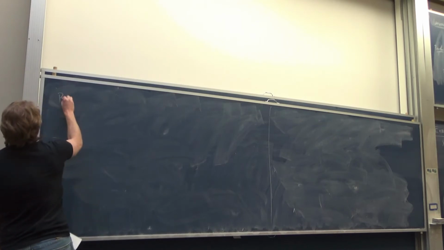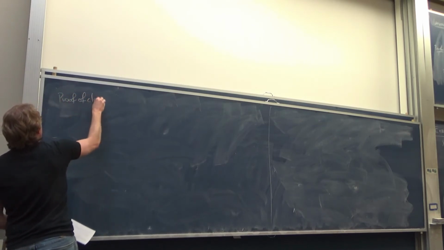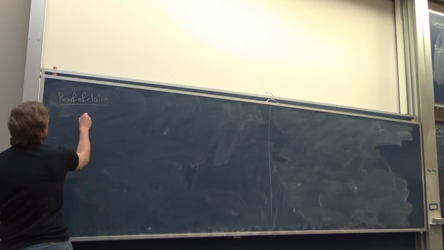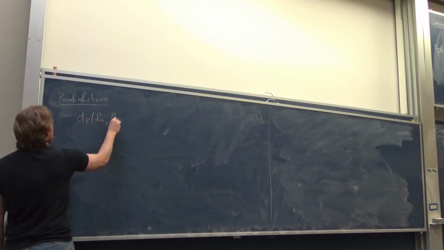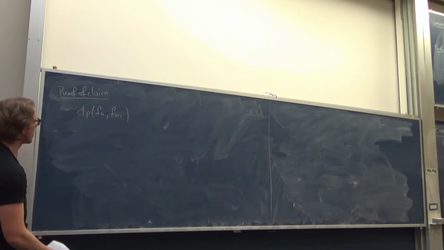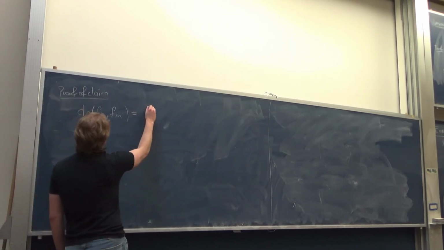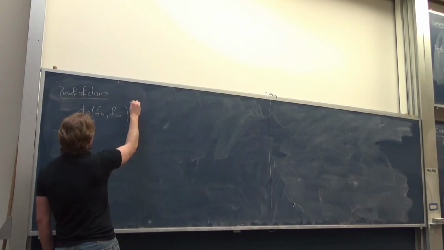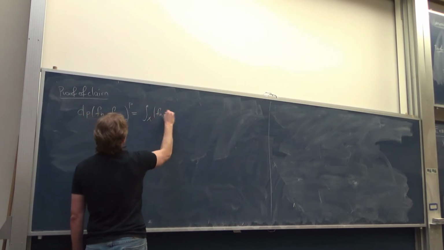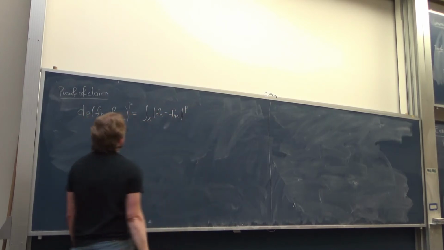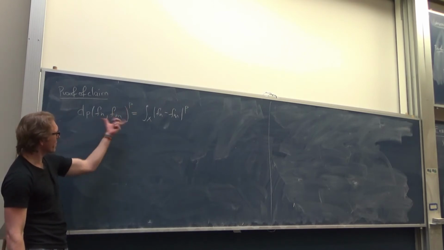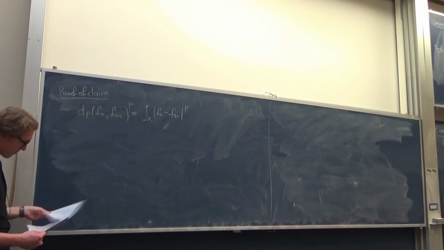Okay, so proof of claim. I have to compute this, right? Convince you it's getting arbitrarily small. Well, I might as well compute its pth power. I'm allowed to do that because taking a pth root is continuous. So if I can make this very small, I can make the pth root very small.